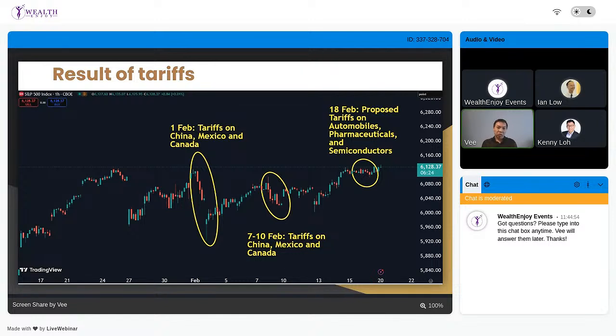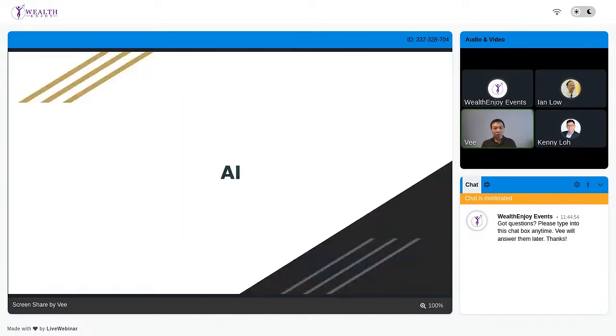But of course, don't become too complacent, because one thing for sure about the Trump administration is it's pretty unconventional and pretty unpredictable. So what has happened is that although each of these announcements has coincided with sell-offs, the market has come back pretty soon after that, and each time the recovery becomes faster than before.